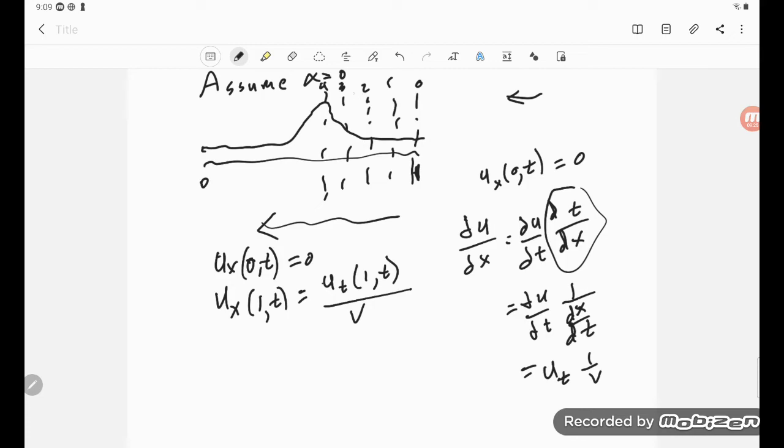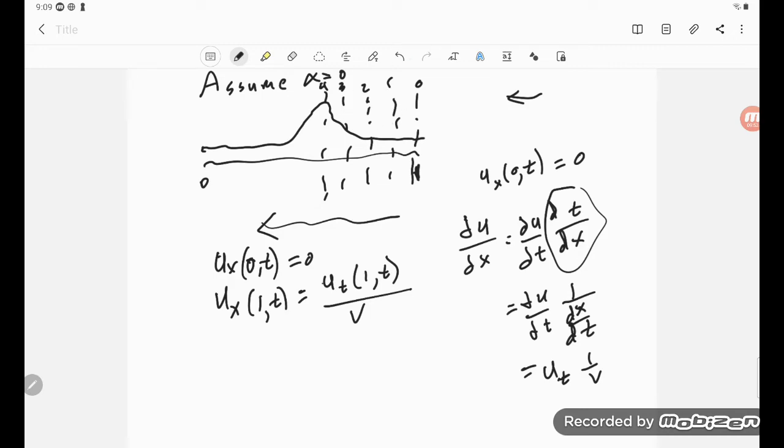So if it were going down, then u sub x should also be going down. And if u sub t is going up, then u sub x should also be going up. And that's kind of what I see here, right?